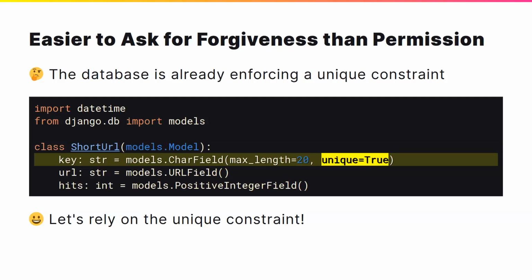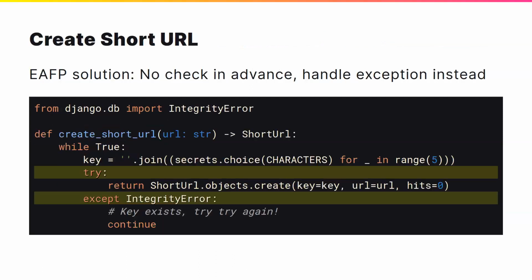So what it means is that the database would not allow for duplicate values in this field, okay? So if the database already checks that key is unique, why not rely on it? Why check in advance if the database is already checking this, right? So let's see what it looks like.